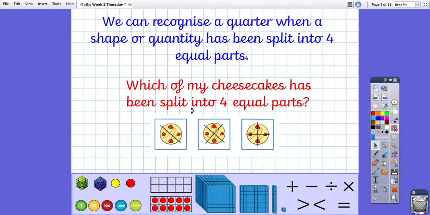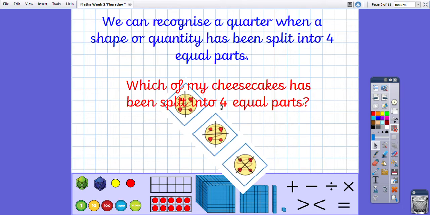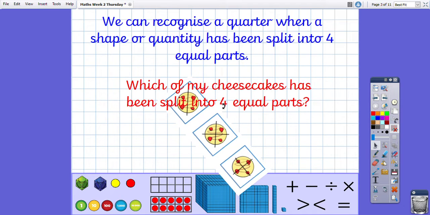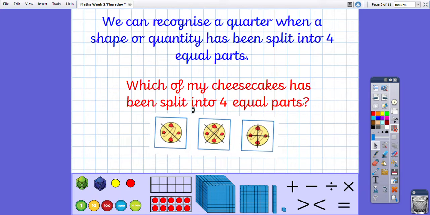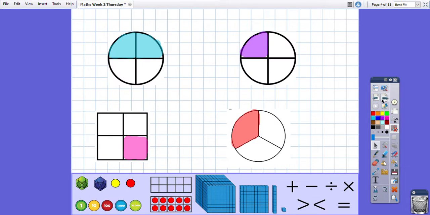Okay, because if I was to turn it so it was like that, they are exactly equal. I'll turn it back round so you can have a look at number 3. Okay, so number 3 is split exactly the same as number 2, but just turned round slightly. So that is also in 4 equal parts.